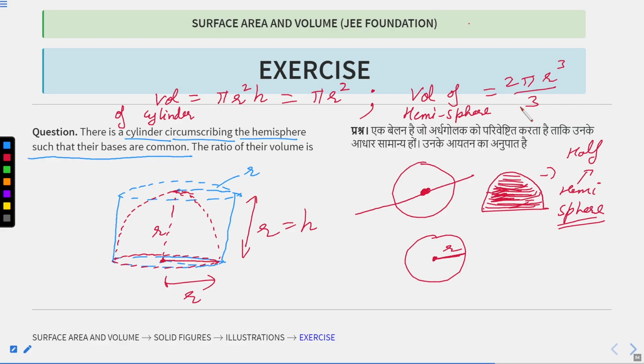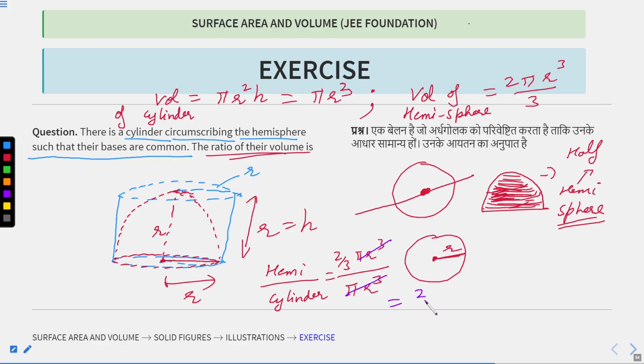So now we will find the ratio of their volumes. Taking the ratio with respect to the hemisphere, then the cylinder, which is 2 by 3 pi r cube by pi r cube. The pi and r cube terms get cancelled, and we are only left with 2 by 3.